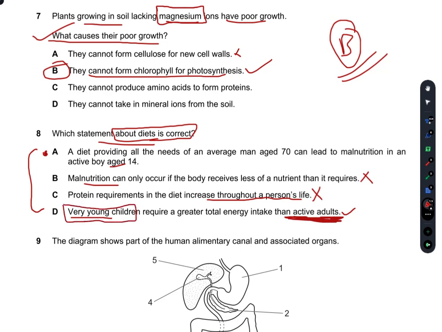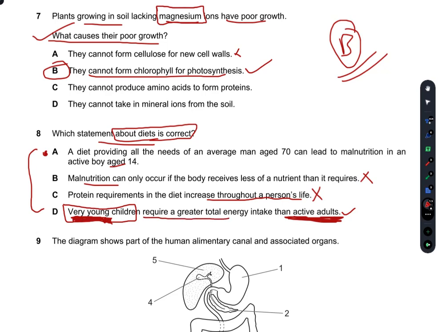What does this mean? A very young child mainly feeds on breast milk and some simple nutrients present in vegetables, and doesn't eat much heavy food like proteins and carbs. So it is wrong to say that they require greater energy intake.